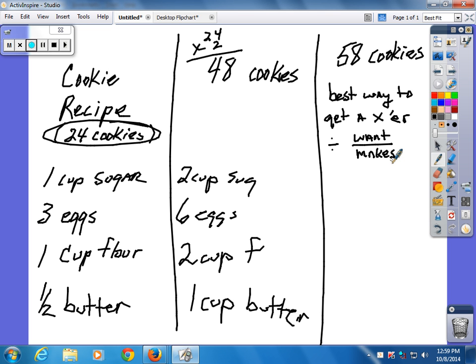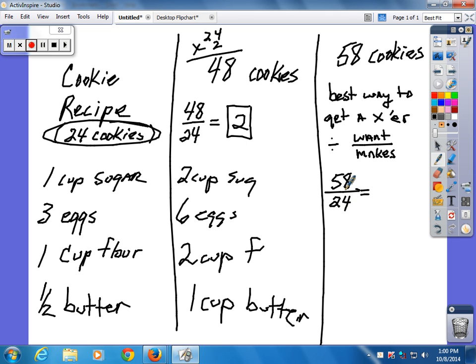So, to make 48 cookies, you would take 48 and divide by what? 24. And what would that give you? 2. There's your multiplier. So if I want 58 cookies, I divide it by 24. I don't want a decimal because a decimal's not gonna help me.